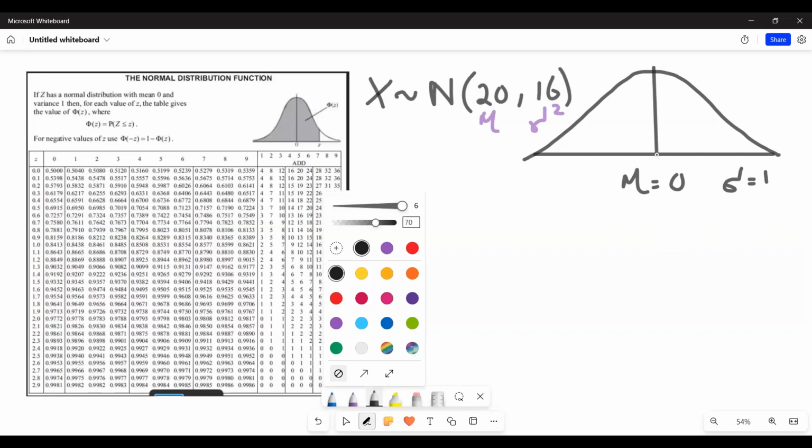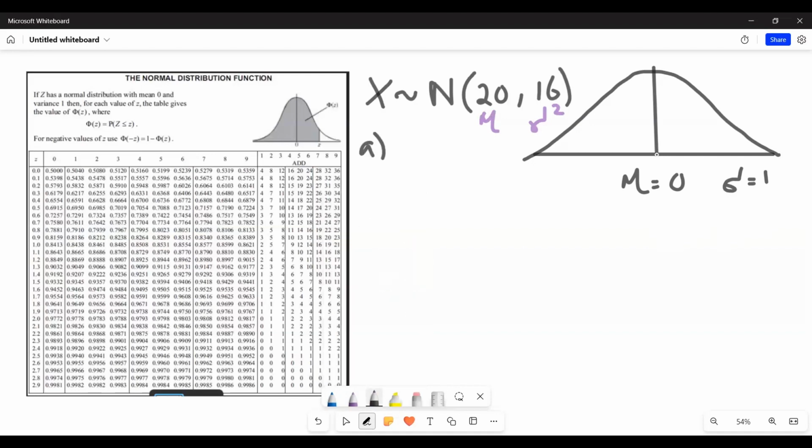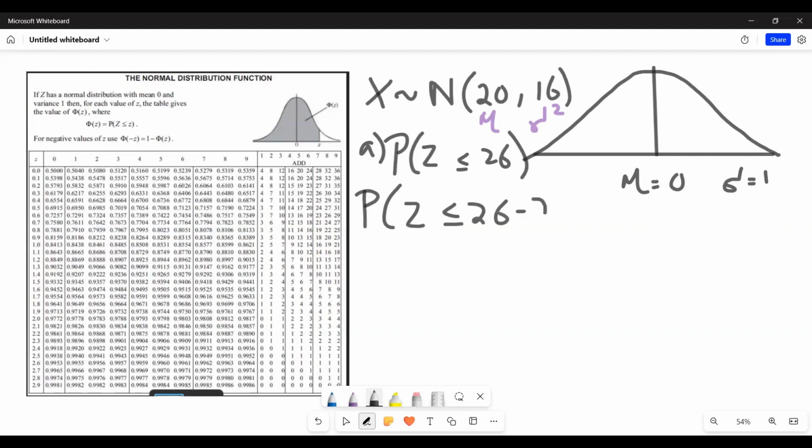So what we have to find for the given information is the probability X is less than or equal to 26. Since the mean is 20 and not 0, what we'll do is from the given value of 26, we'll subtract the mean and divide by the standard deviation.